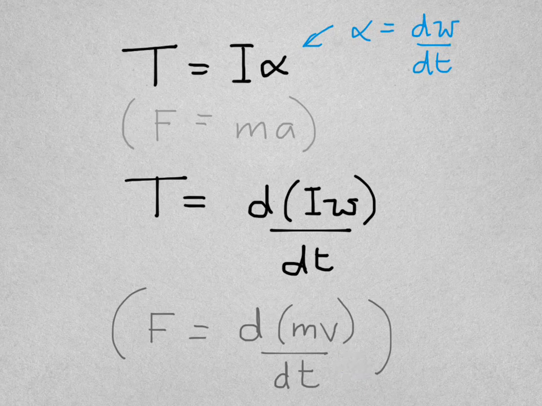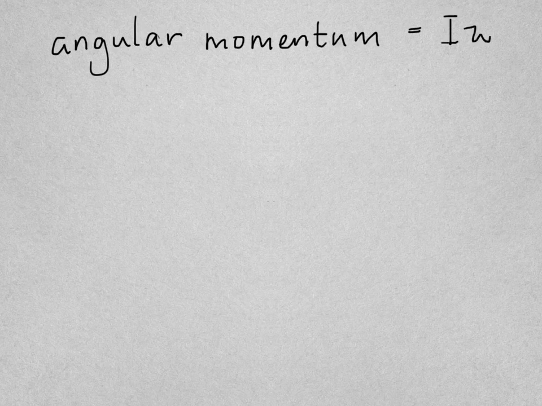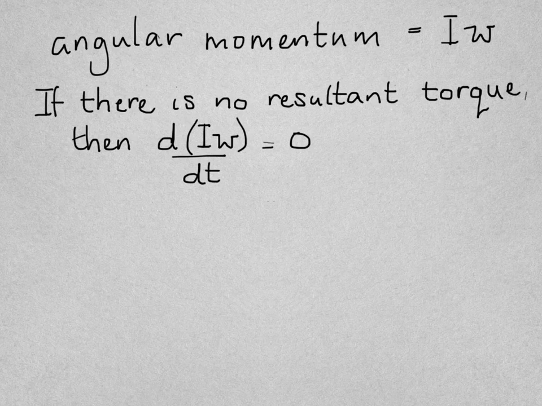So as you might expect, this version here, I omega, represents angular momentum. So angular momentum is I omega. If there's no resultant torque on the object, then the rate of change of angular momentum is 0.